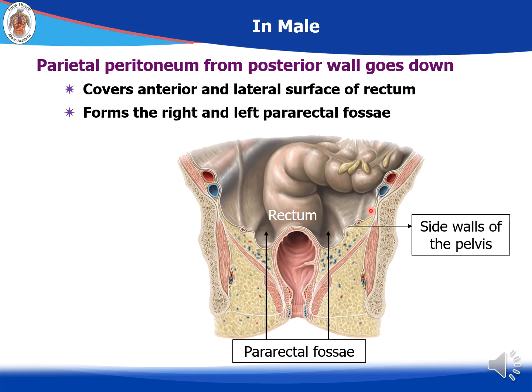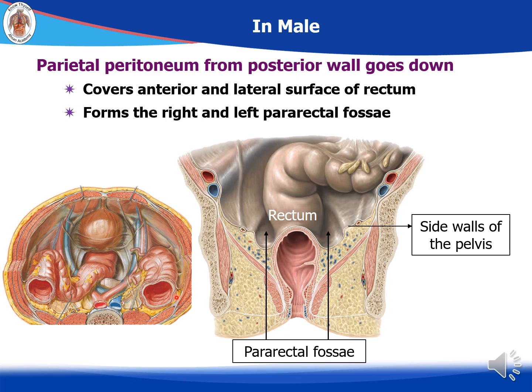The side wall of the pelvic cavity is covered, and if you see from above, this is the sigmoid colon continuing as the rectum, the rectal anterior wall and side wall are also covered, and two fossa are produced. So from the rectum, it is going to the urinary bladder in case of male.